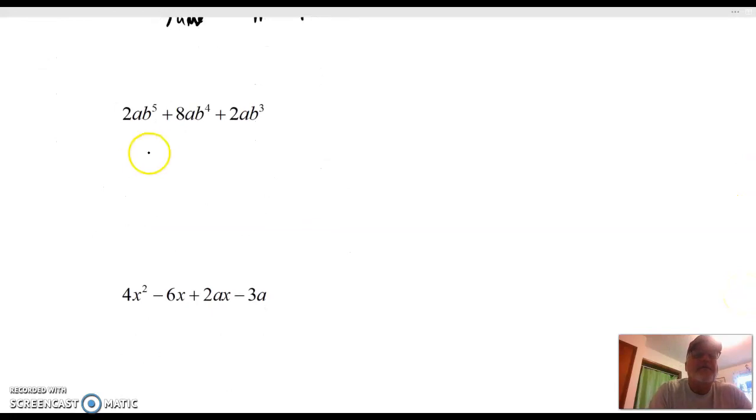Okay, now we have, let's see, got 3 terms, so I'm going to factor out a 2ab cubed.